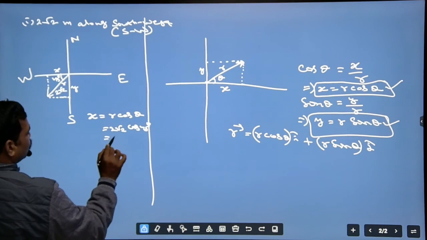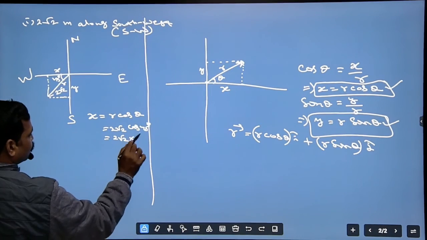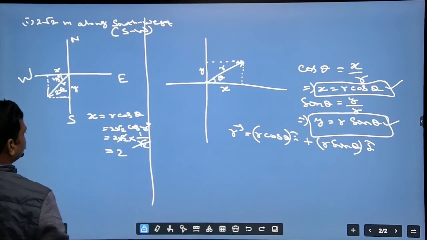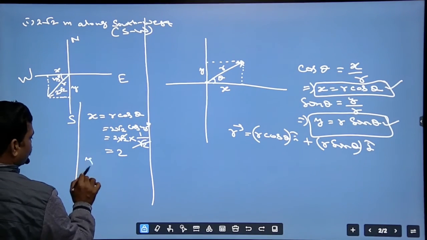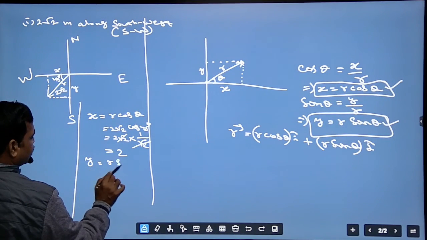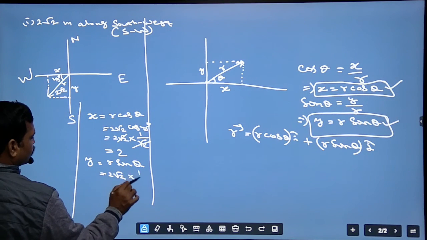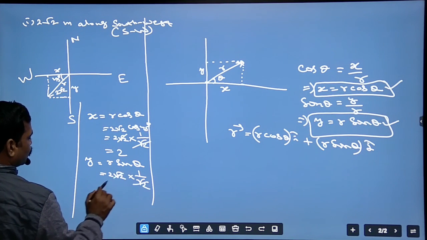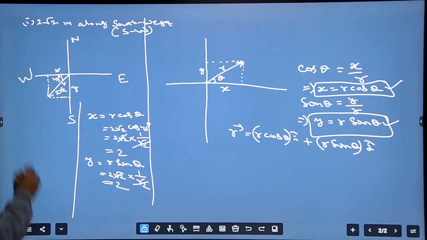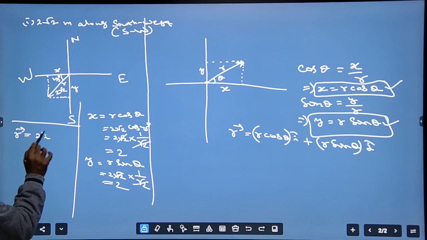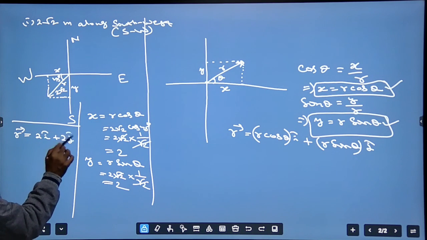Cos 45 is 1 by √2, so this will be 2. Similarly, y will be equal to r sin theta, which is also 2√2 into sin 45, which is 1 by √2. So this is 2. So we can write the r vector equals 2i cap plus 2j cap.